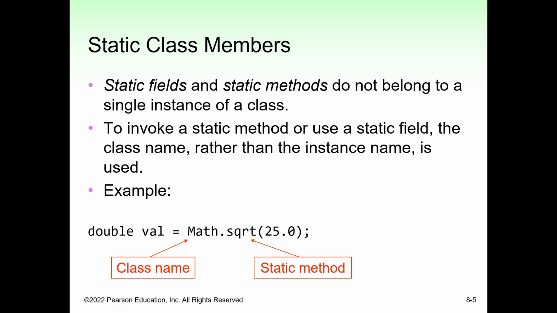What that means is that whenever you're calling a static method, you use a class name, otherwise you would use an object's name right here instead of a class name. So that's the only thing that's different: static methods do not belong to any object. They belong to the whole class.